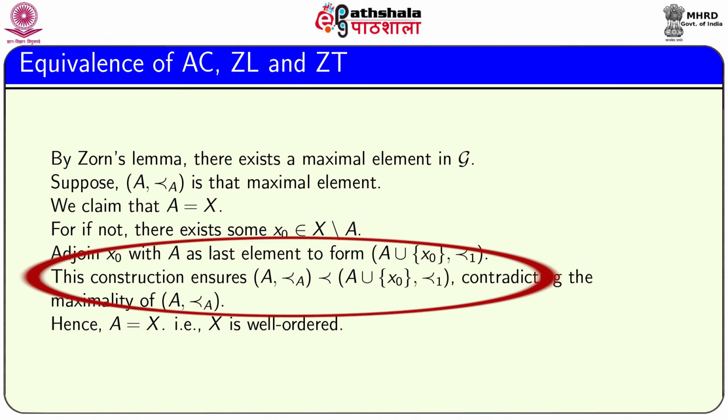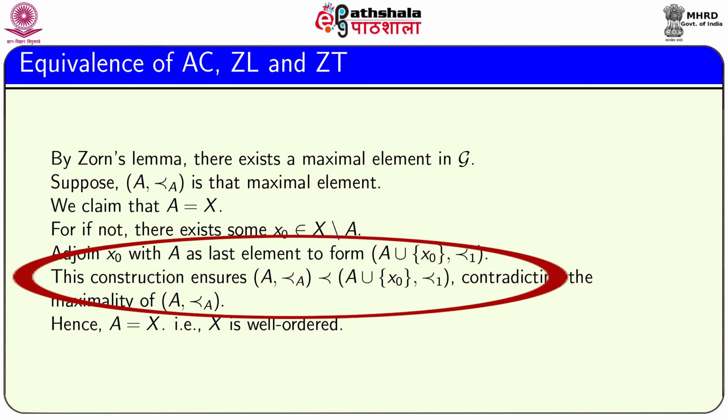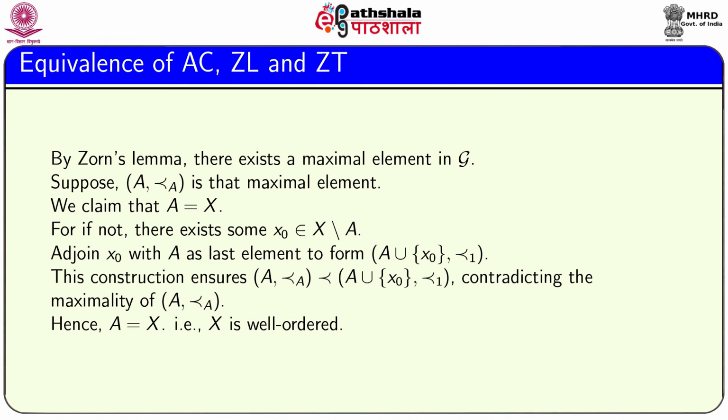This construction ensures that A with its ordering is related to A union singleton x 0 with less 1, contradicting the maximality of A. Hence, A should be equal to capital X, that is capital X is well ordered.